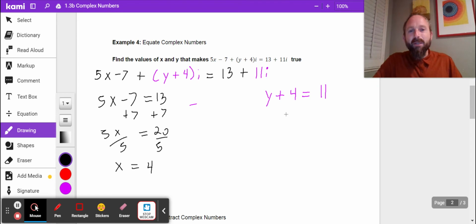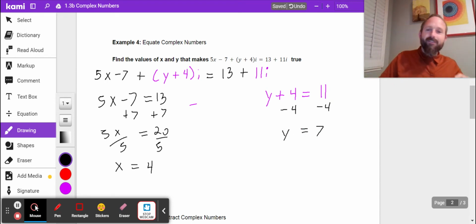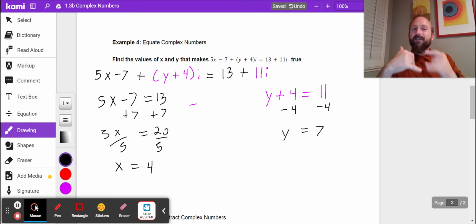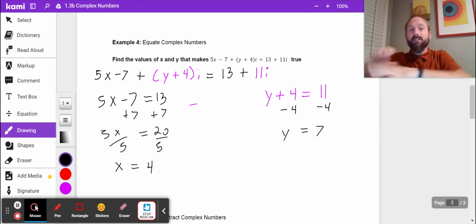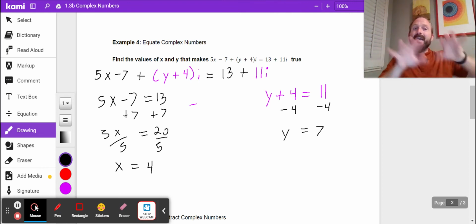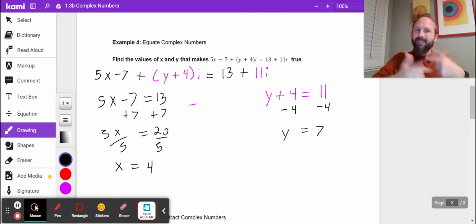Everybody and their mother should be able to get it, but just in case you don't, let's subtract 4 on both sides and get 7 is equal to y. So in this situation, the value of x should be 4 and the value of y should be 7. What we did was we separated the real parts from the imaginary parts and we solved each of them separately. That's how you do it. Let's go on.